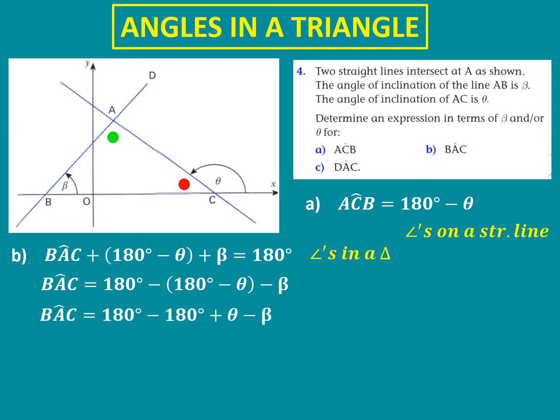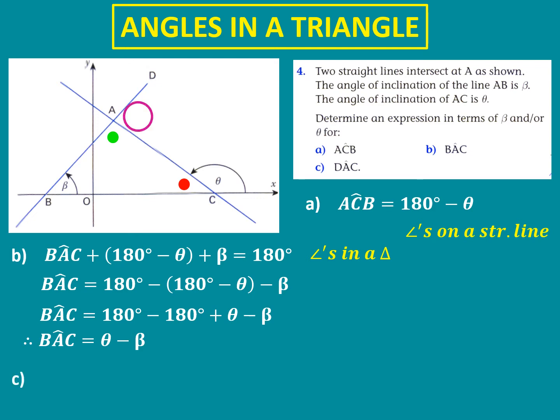So we end up with 180 degrees minus 180 degrees, and then remember minus times minus is plus theta minus beta. The 180 degrees will cancel out, and we're left with theta minus beta.